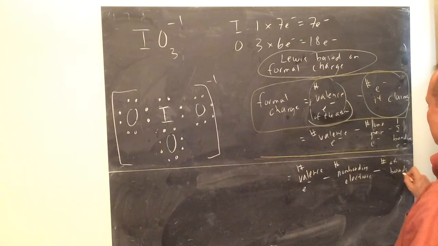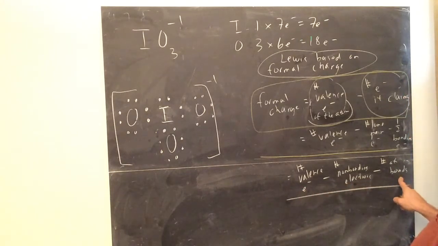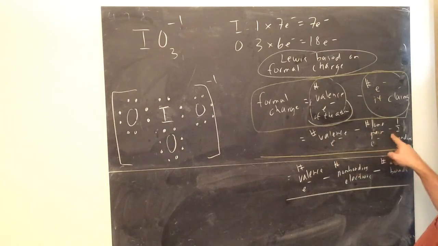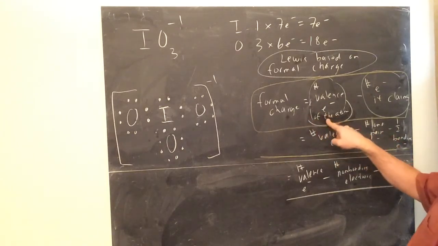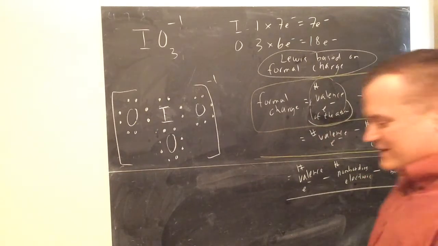They work it that way. Valence electrons minus non-bonding minus number of bonds. Or valence minus the number of lone pair minus half the bonding. Or valence minus the number of electrons it claims. Okay, what in the world is all this I'm talking about?